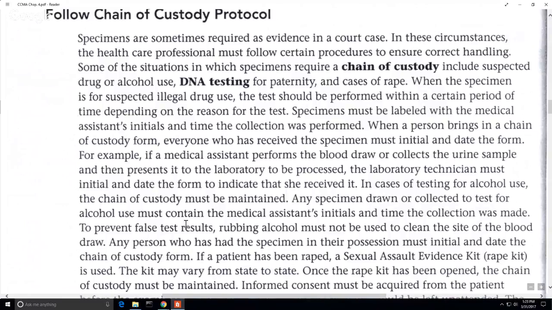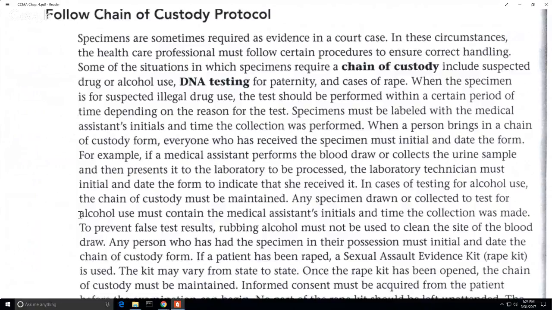To prevent false test results, rubbing alcohol must not be used to clean the site of the blood draw. Because if we use alcohol for cleaning the site, we're going to have an alcohol positive in the blood, even if he's not having any alcohol.